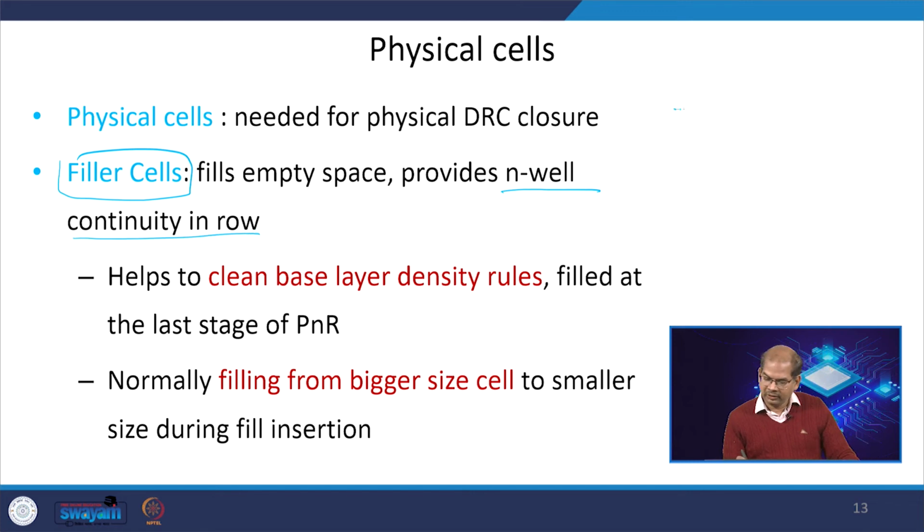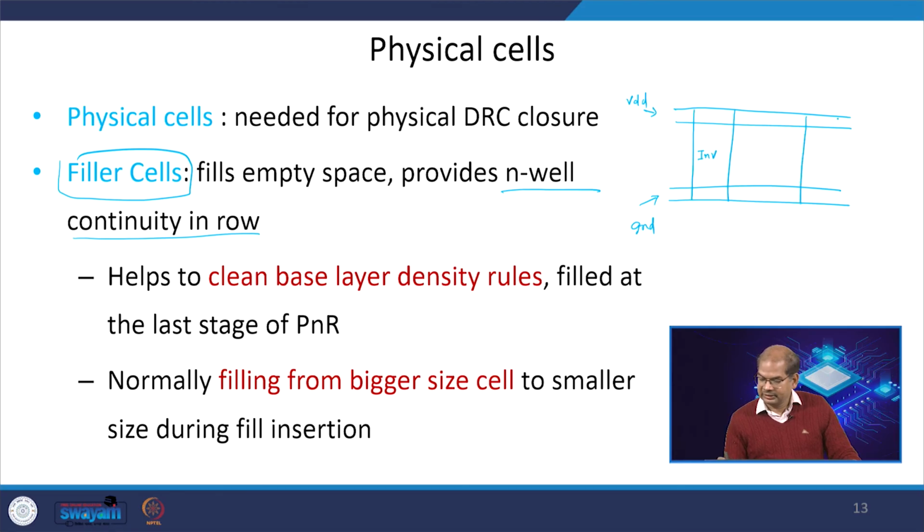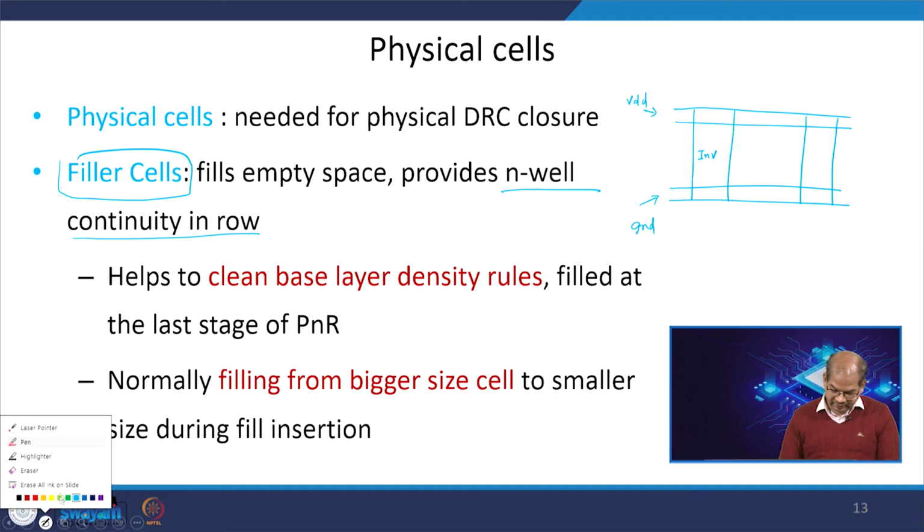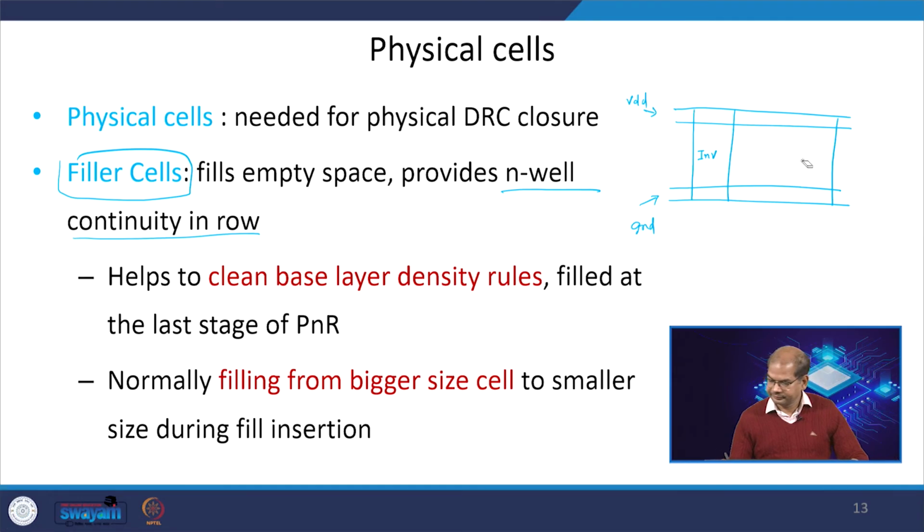Let us say I have one row of standard cells, this is the VDD and this is the ground, and let us say an inverter is sitting here, I am writing INV. Let us say a NAND gate is sitting here, not drawn to scale. The NAND gate is a little wider than the inverter, this is NAND 2.